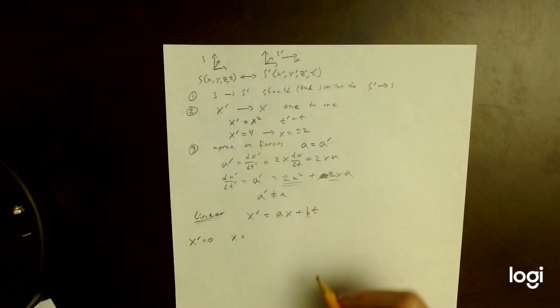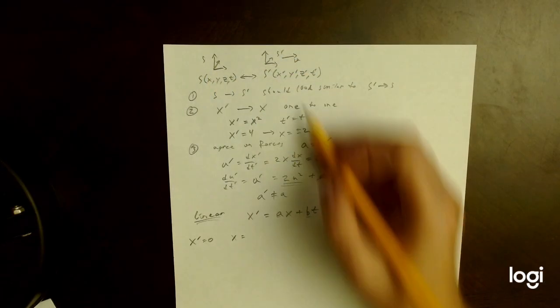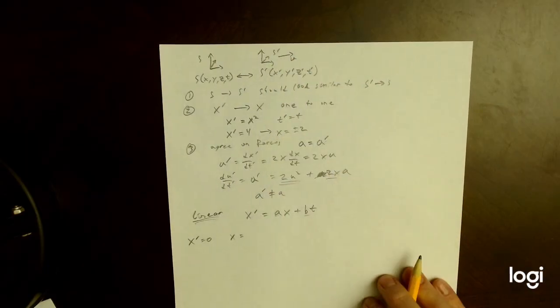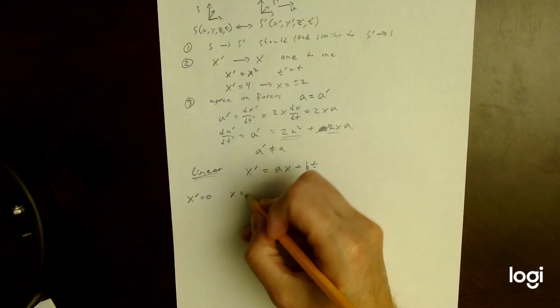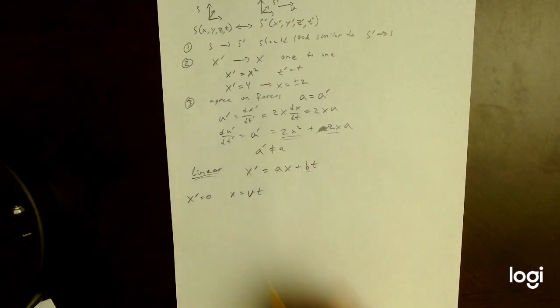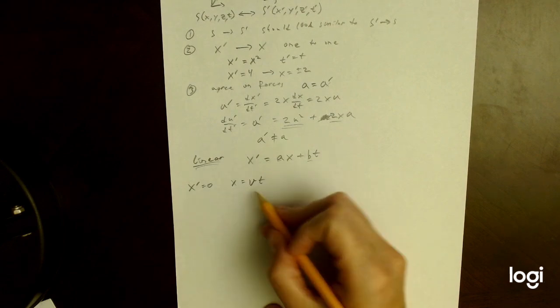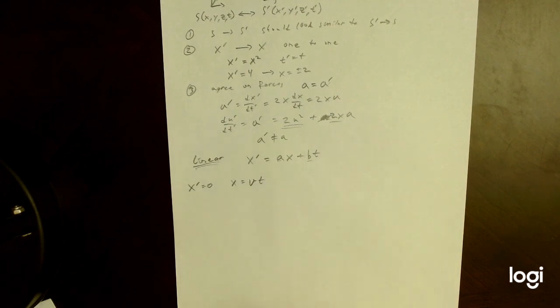And since S prime is moving away from the S frame in the positive x direction with a constant relative velocity of v, that means its x coordinate will be exactly changing like this. It will be increasing with time, and it will be moving at speed v.